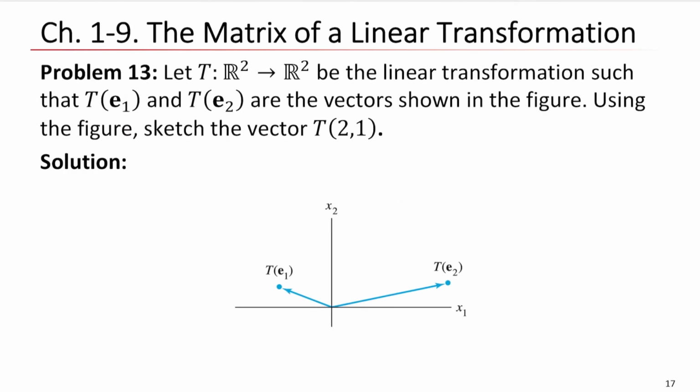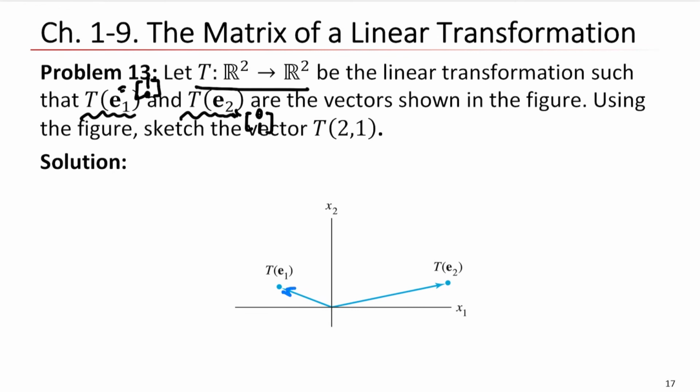Okay, this is the final problem. Let T from R2 to R2 be the linear transformation such that the transformation of the elementary vectors E1, which is 1, 0, and E2, which is 0, 1, are the vectors in the figure.